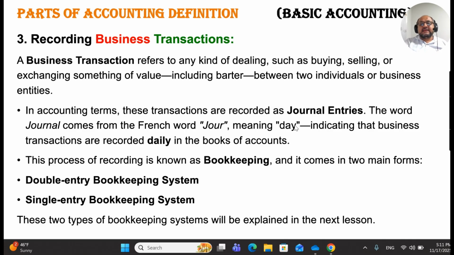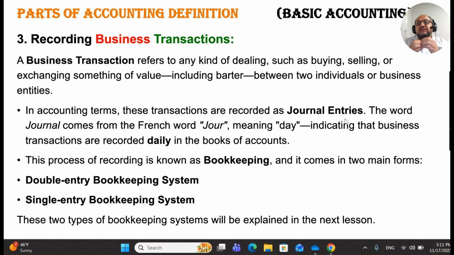So it means daily entries in the books of accounting or in the bookkeeping system. This is called journal. On the next page, I have prepared a practical journal for you, very simple with a slight amount of money for your better understanding.